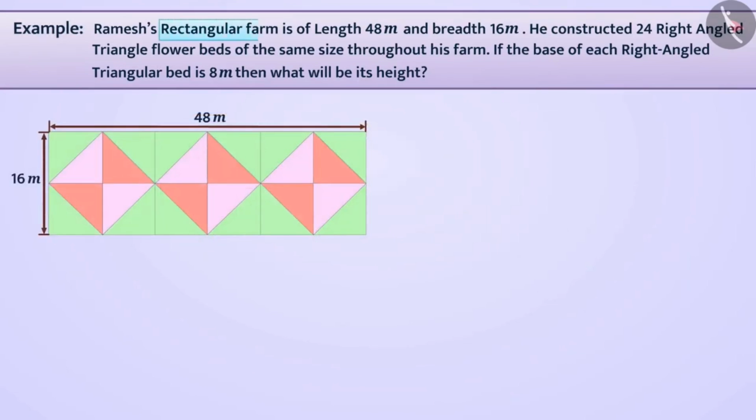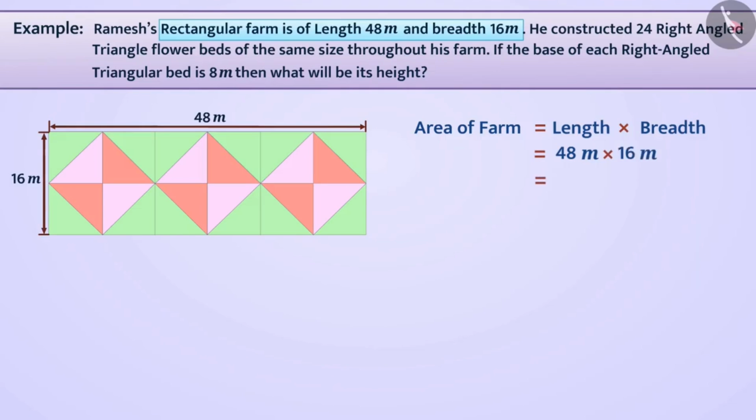Since the length of rectangular farm is 48 meter and breadth is 16 meter, therefore the area of farm will be length multiplied by breadth is equal to 48 meter multiplied by 16 meter is equal to 768 square meter.